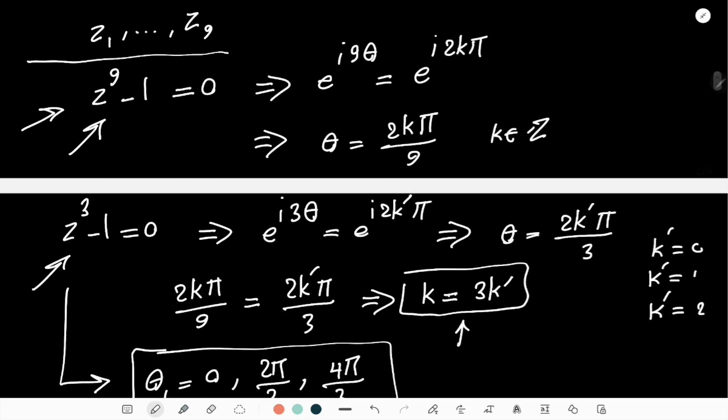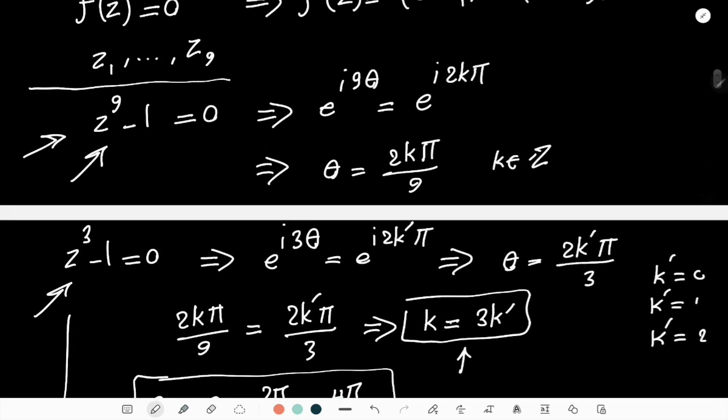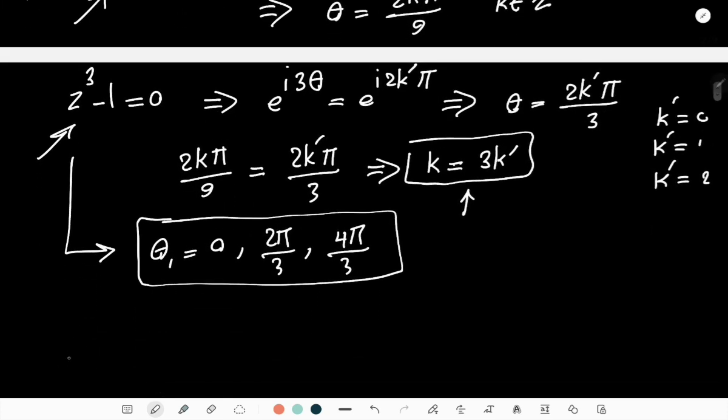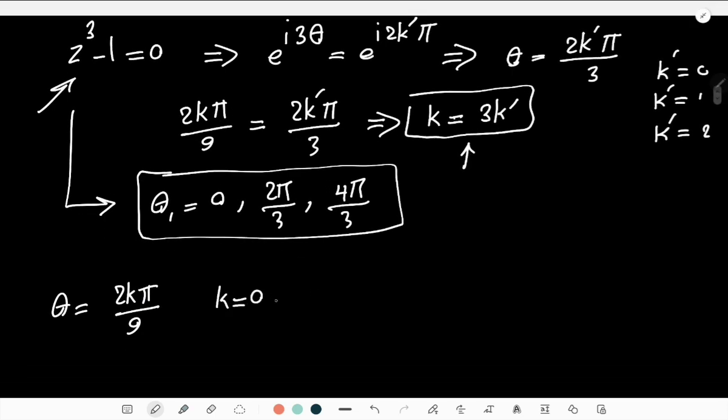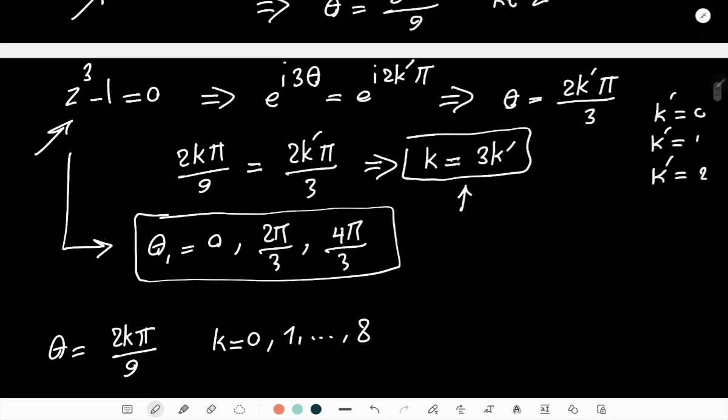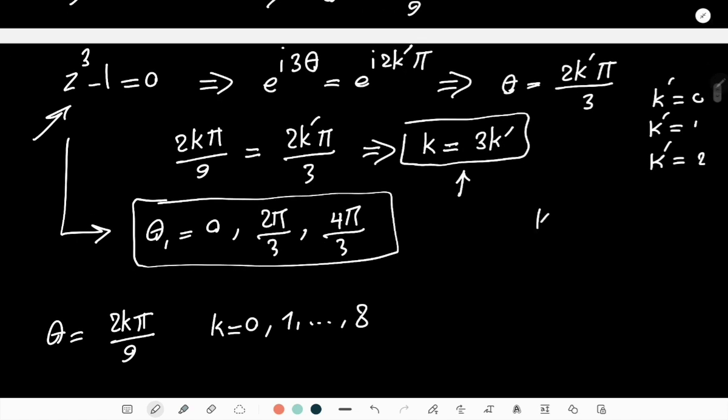So let's go back to this equation here, the equation of order 9. You remember theta there was 2k pi over 9, and typically you would go with k from 0 to 8. So what you do here instead, you try to exclude the k's which are equal to 3k prime, and that would be k equals 0, k equals 3 times 1, which is 3, and k equals 6.